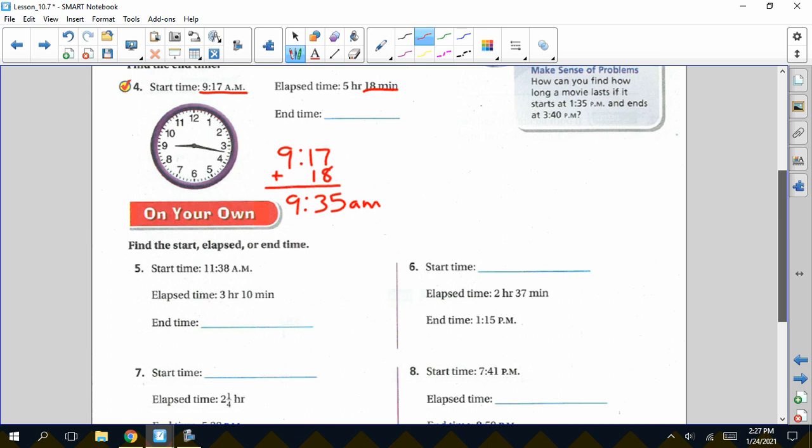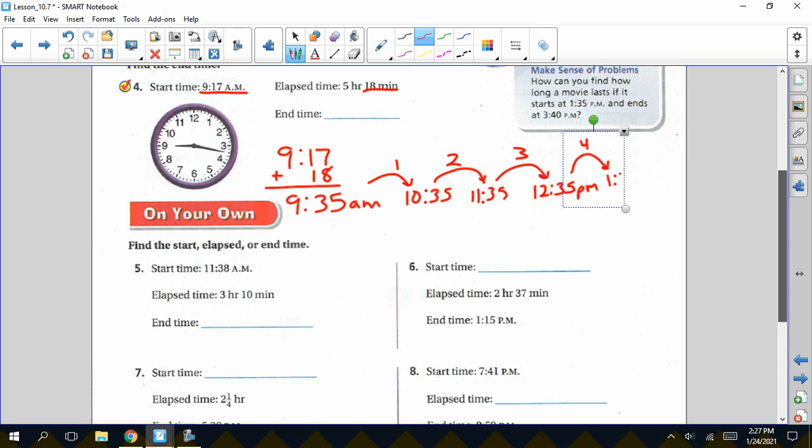Now we have to go from 9:35 5 hours ahead. So we're thinking 9:35, 1 hour, 10:35. Another hour, 11:35. Another hour, so there's one, there's our second, there's our third. This is going to give me 12:35. And remember, we just crossed the 12 o'clock mark, so we are now at p.m. Another hour, so there's hour number 4.